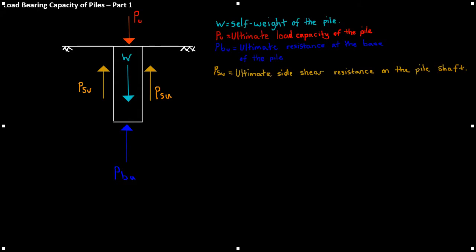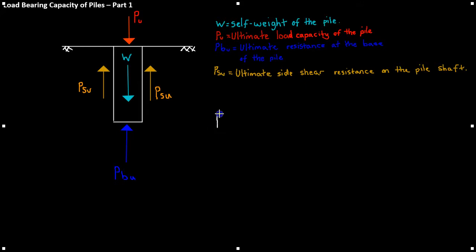So from the diagram, using the directions of the forces, the capacity of the pile comes from two components: friction between the soil and the surface area of the pile, and the resistance or reaction at the base of the pile.